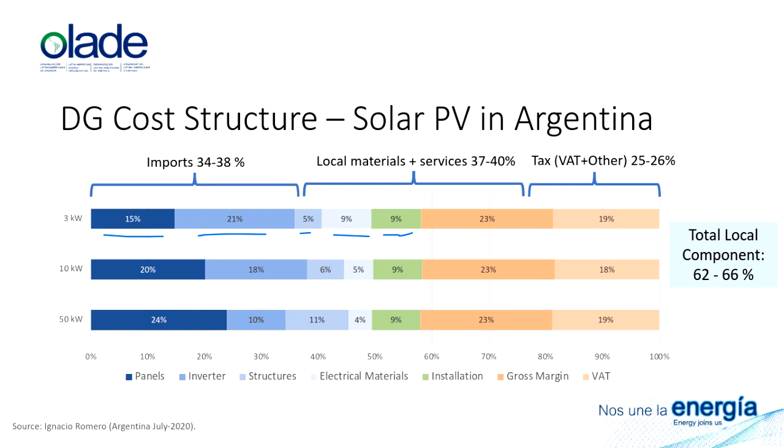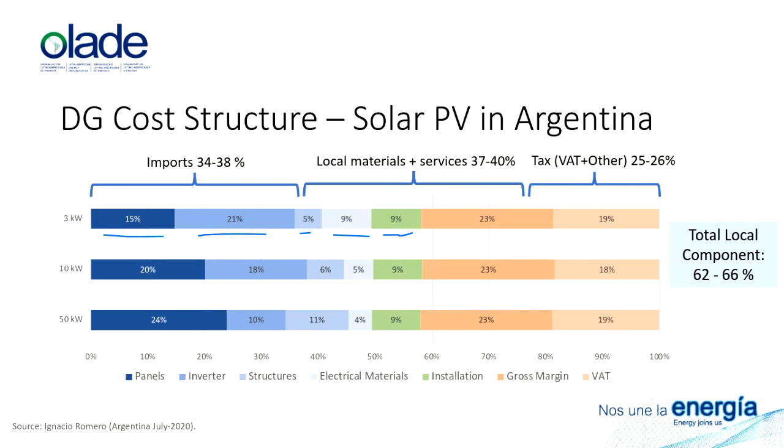And with this, we see that even in a scenario where all solar panels and inverters are 100% imported, the rest of the components are mostly local. In Argentina, in this research that we conducted, all of the electrical materials were local. We have cable factories here. All of the breakers and cabinets were made in Argentina.